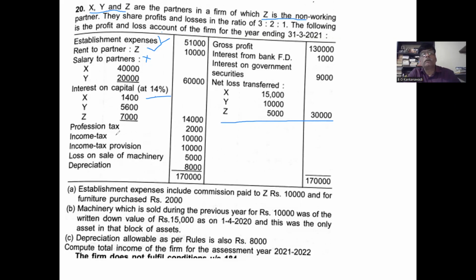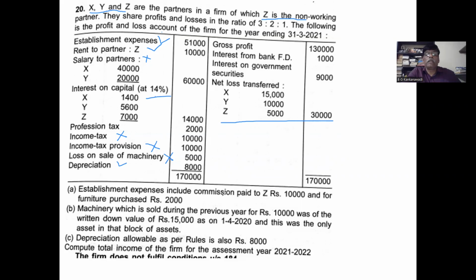The next, income tax, is disallowed. Provision for income tax is disallowed. Then loss on sale of machinery is not related to business; it is related to capital gain. Then depreciation is allowable. You see the adjustment and take your decision.